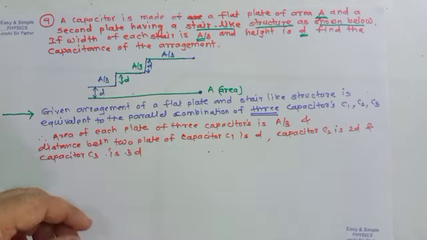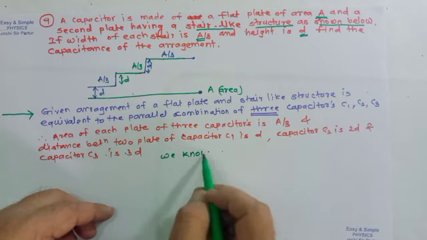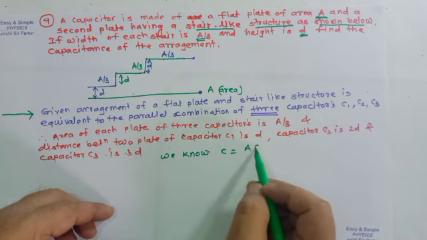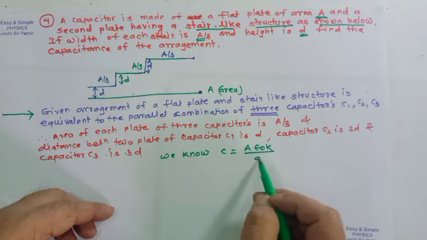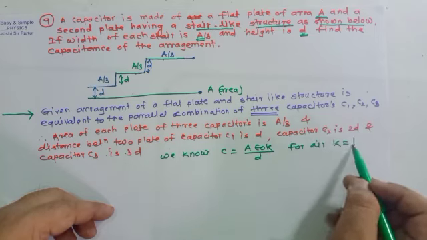Therefore, we know C equal to A epsilon 0 K upon D, for air K equal to 1.